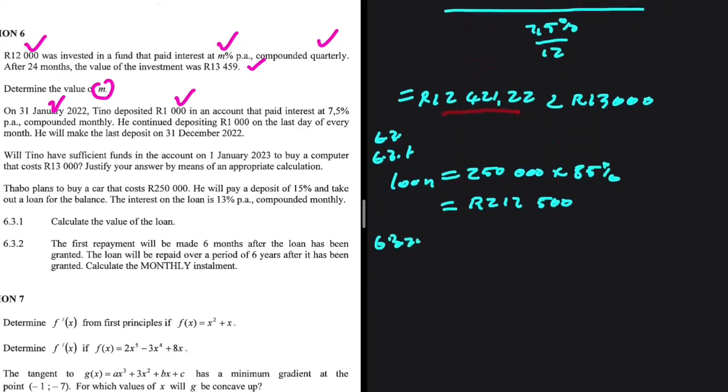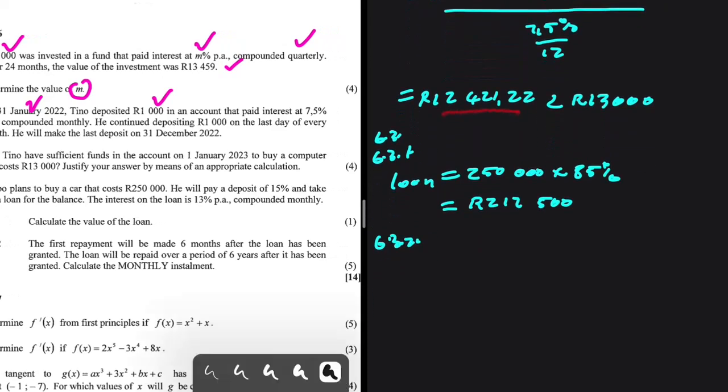6.3.2. The first payment will be made 6 months after the loan has been granted. The loan will be repaid over a period of 6 years after it has been granted. Calculate the monthly installment. We need to make note of something. He only starts repaying the loan 6 months after it has been granted.